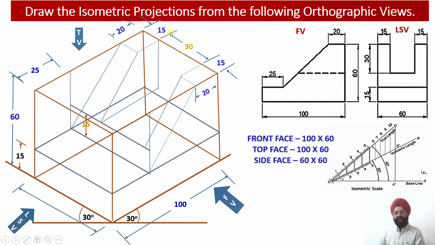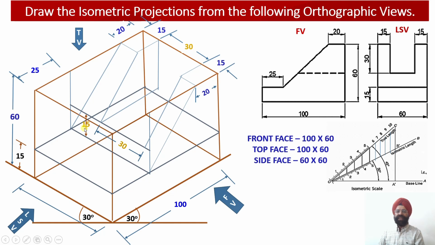Now you can check the distance between these two webs will be 30 millimeter, and similarly I have shown it over here, right? So I will be deleting this particular dimension later on, but only just to show you that this distance happens to be 30 millimeter, we have drawn these orange dimensions.